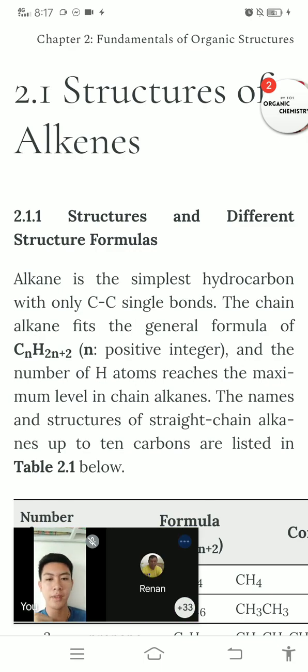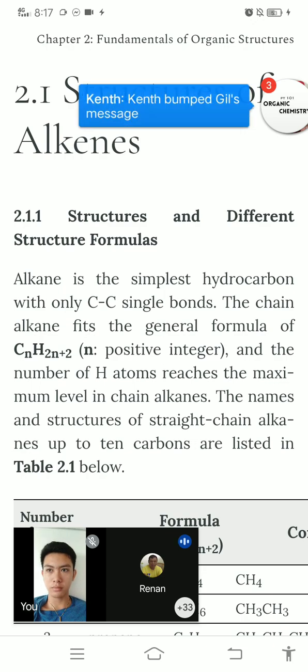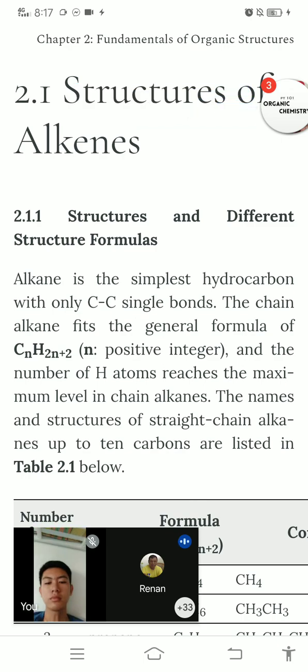Yes, sir. Okay, so if you write the structure of any alkene, you can always see at least a pair of carbons attached to each other using 2 short lines. It means that there is at least a double bond between a carbon and another carbon, then you know that particular compound is an alkene.